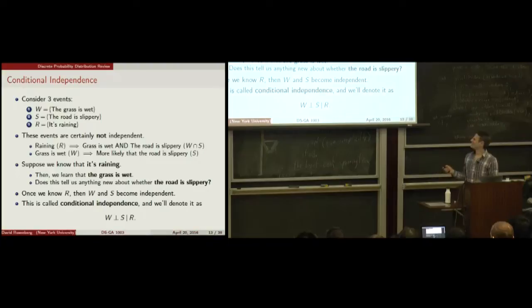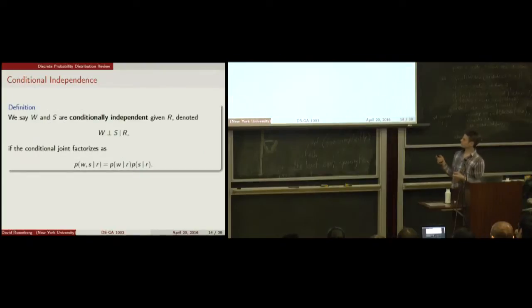All right. So if knowing R means that W and S are suddenly independent, then that's called conditional independence. And you write this W orthogonal sign S conditioned on R. So given R, W and S are independent. Formal definition, it's pretty intuitive.